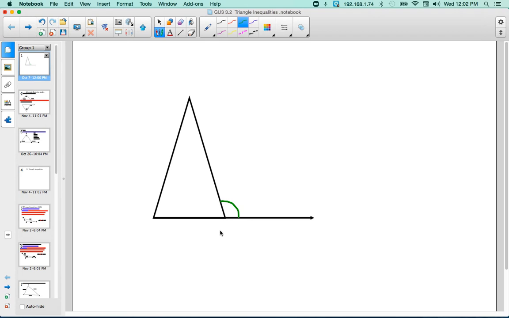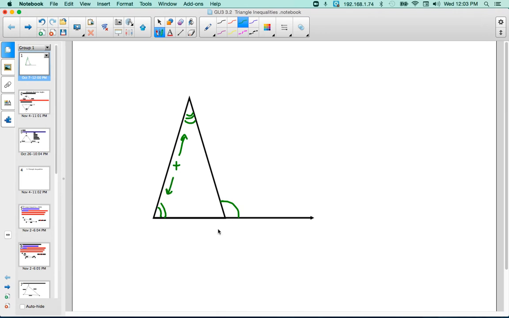Now, what's a very cool property about exterior angles is they're equal to the addition of the alternate interior angles. Okay? So this angle on the outside is equal to the addition of these two angles.